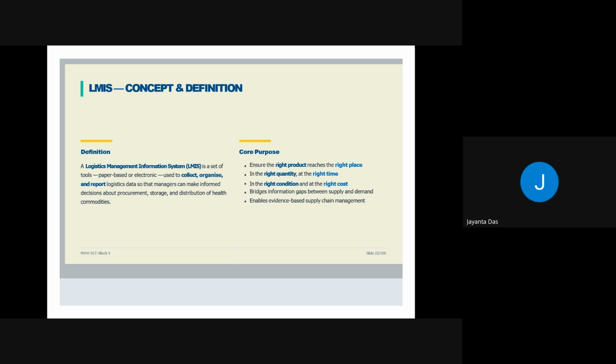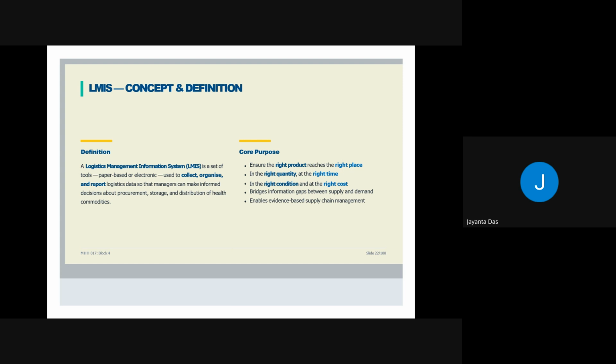Here, the LMIS, the concept and definition. LMIS is a very inseparable aspect of supply chain management. If we do not have this, we are blind. We don't know which direction we are going. So it becomes a very crucial aspect in the whole supply chain management system.